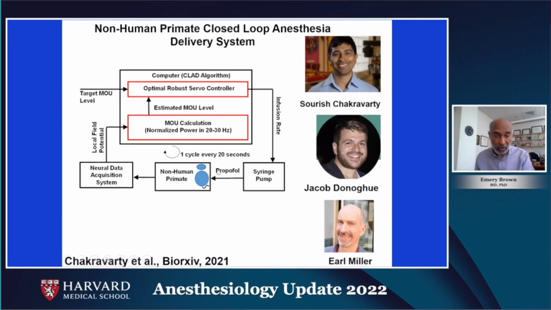So the infusion is continuous, and the update of the calculation occurs every 20 seconds or so. It captures the local field potentials, which would be the EEG in a human, and then recalculates what the marker is, and then again repeats the comparison and cycles through like this.